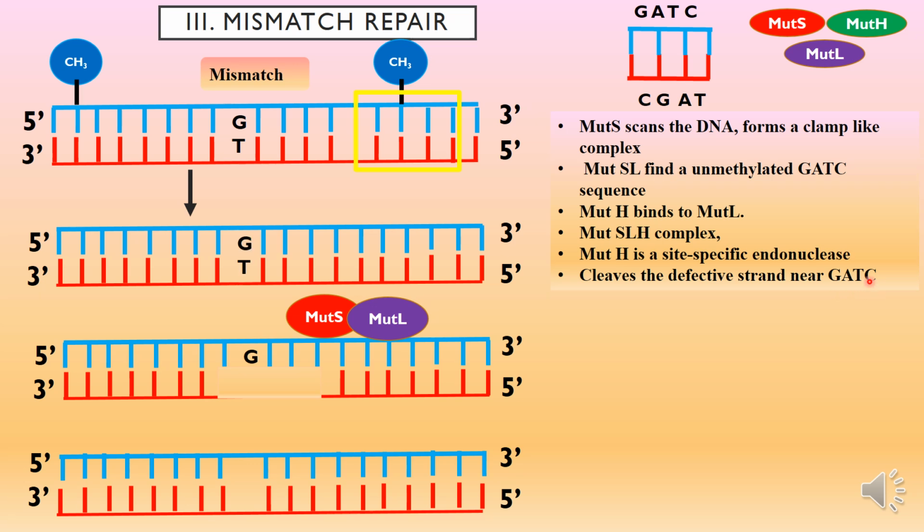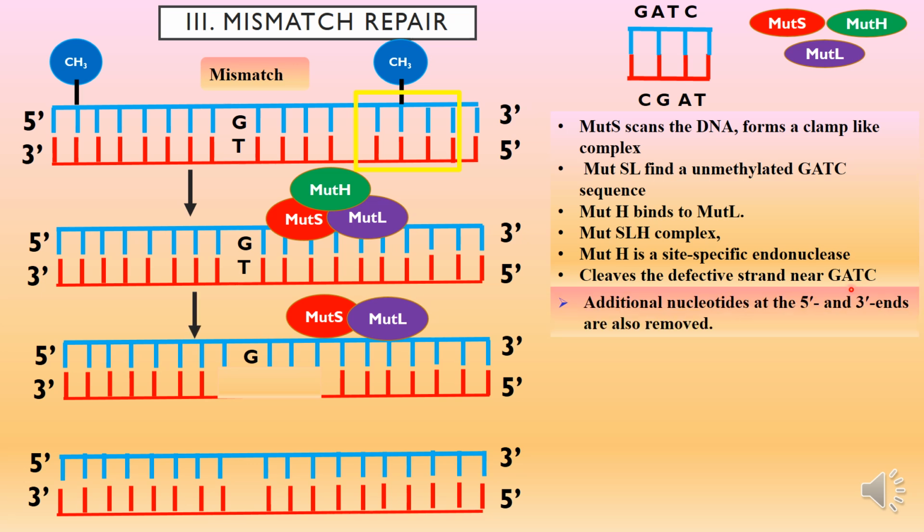So this is the GT mismatch, and now the MutS will scan the whole DNA, and MutSL will come and identify the unmethylated GATC sequence. And once the unmethylated sequence is identified, they will cleave the defective strand near GATC, and then additional nucleotides at the 5' to 3' end are also removed.